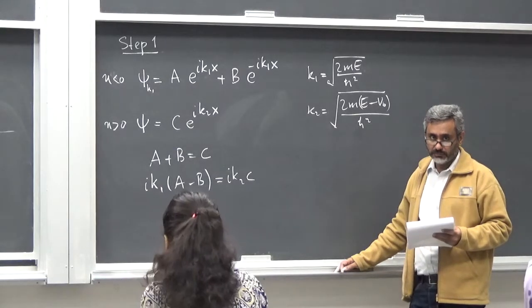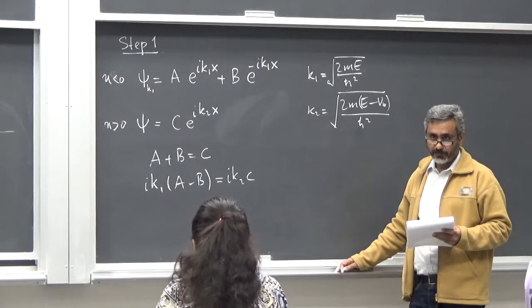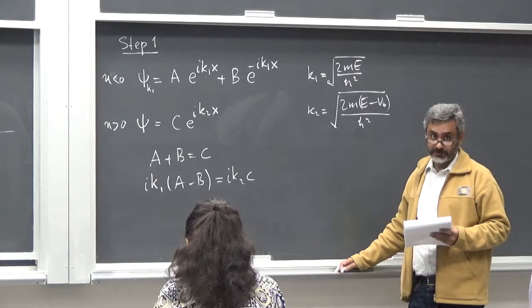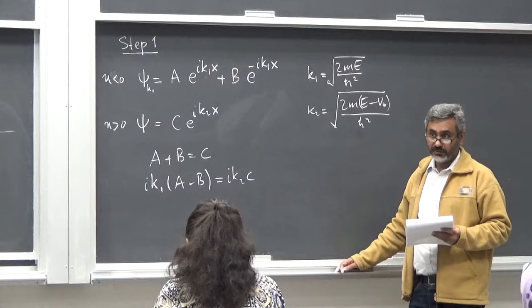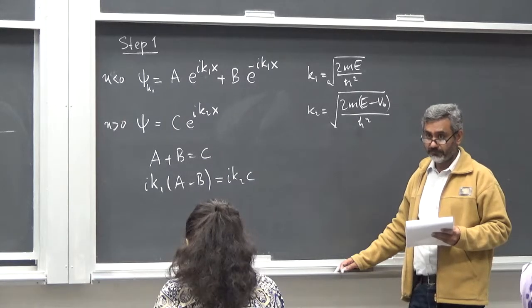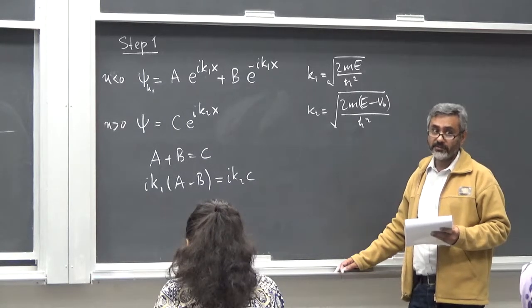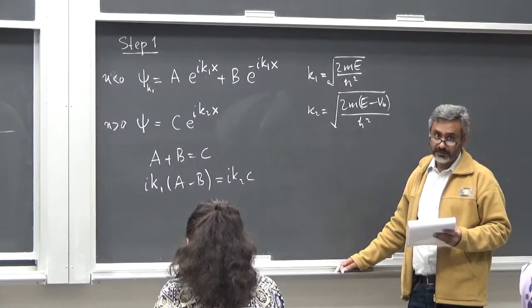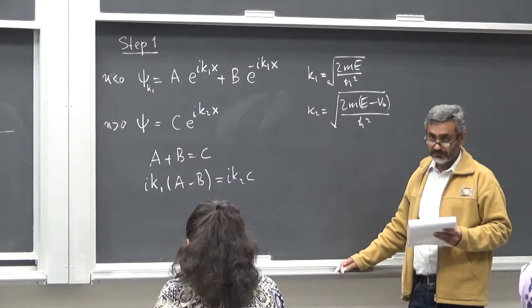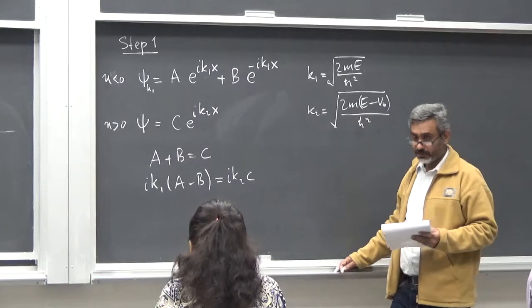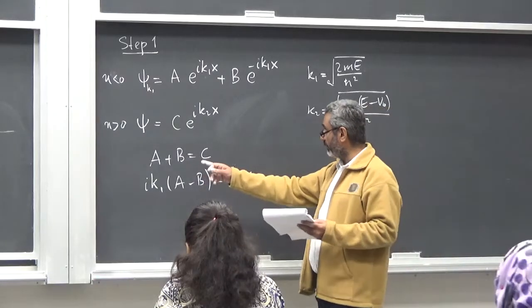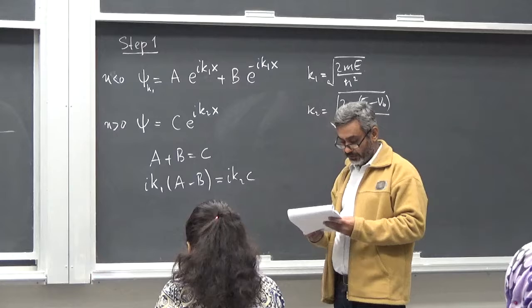So what do we do? That's how it should be actually. Why? Because the overall constant is not to be worried about. So if you can just determine A and B, that ought to be enough.